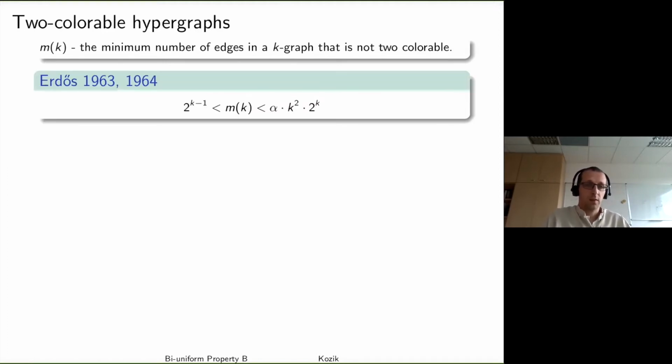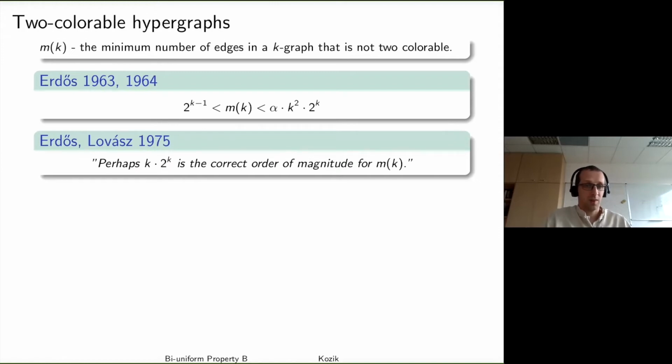In the 60s, Erdős proved two results which gave the exponential rate of growth of this parameter. So we know that it grows like 2 to the k, but we know only a little bit more.